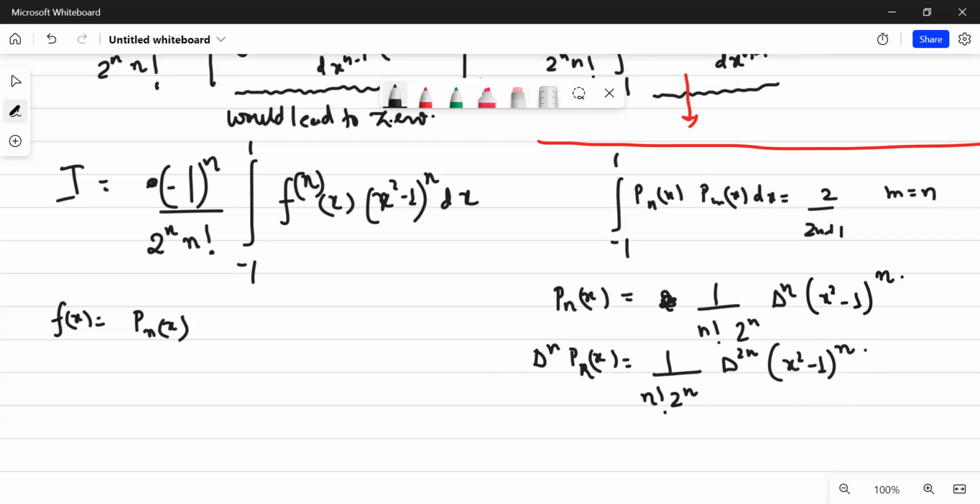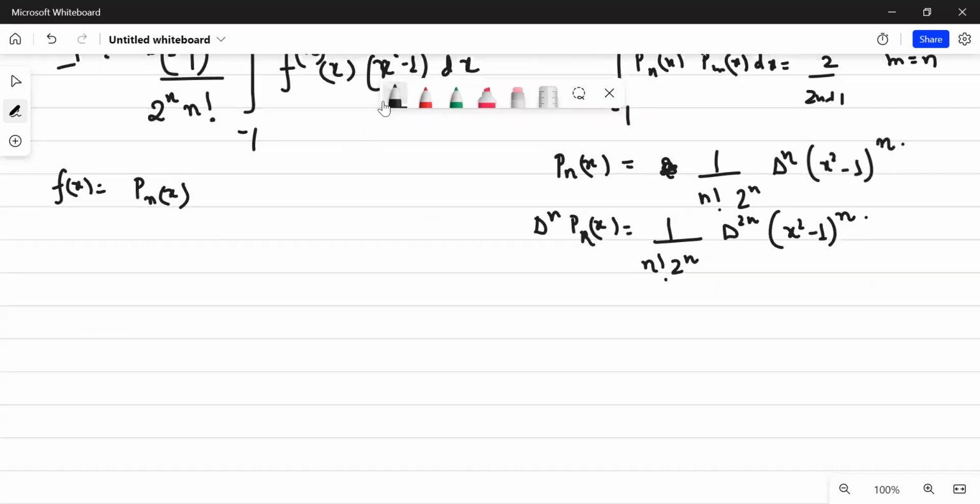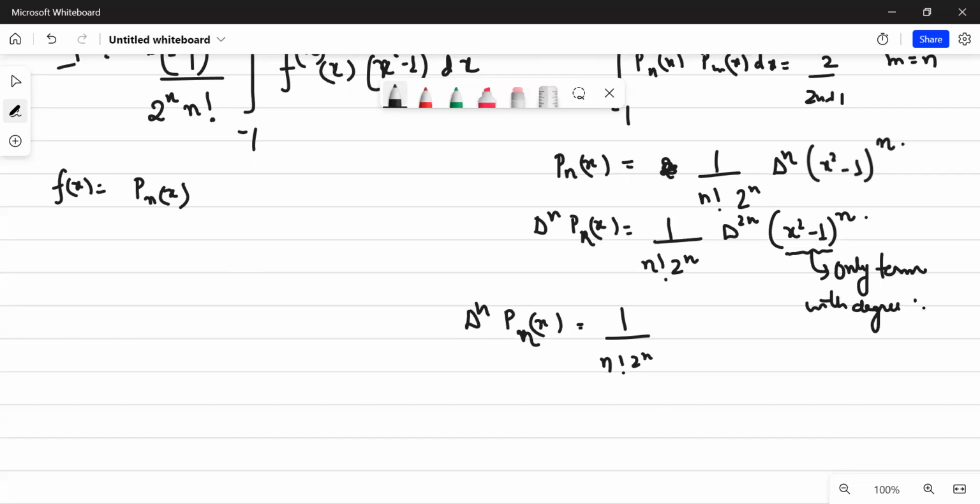Okay. And what else can we do? Let's look carefully and try to understand this. If at all there is a surviving term, which term do you think would survive? Only the term with degree 2n would survive.